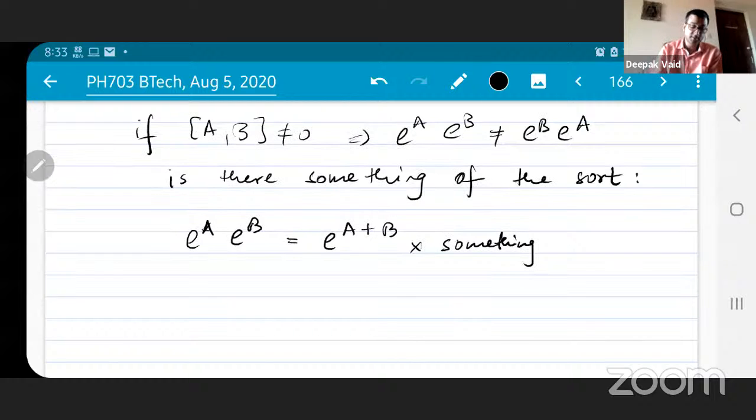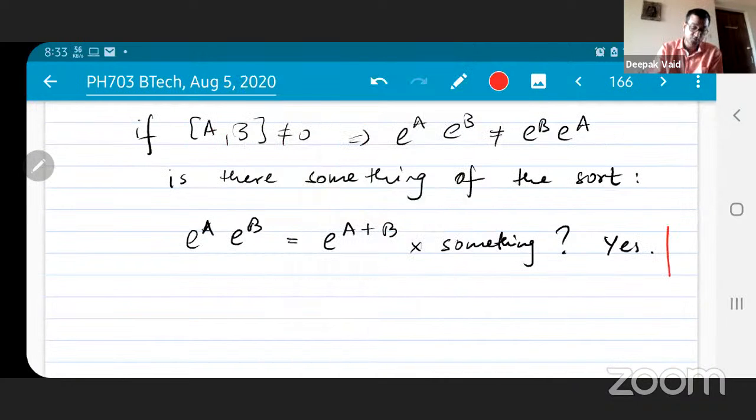Meaning that this addition property is preserved, but there is some correction factor. So this is the question, and the answer is yes, there is.